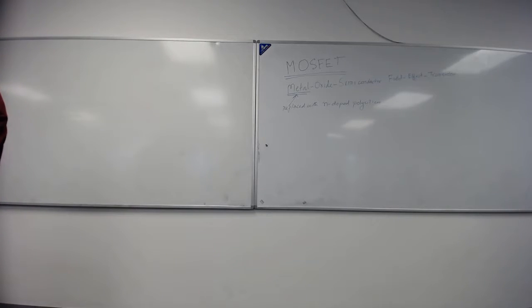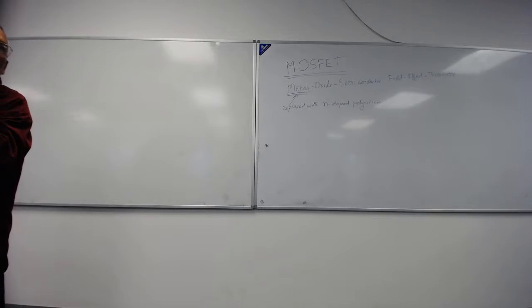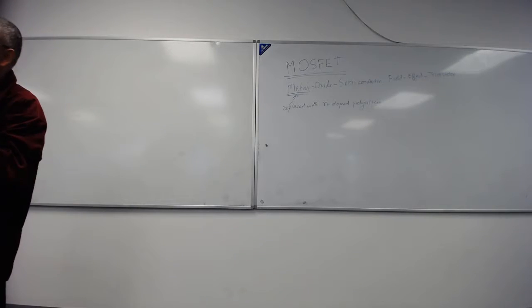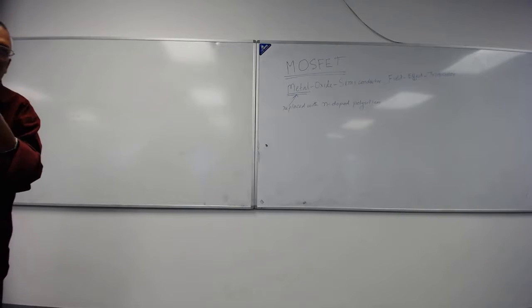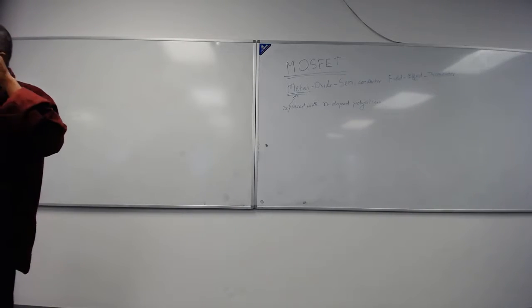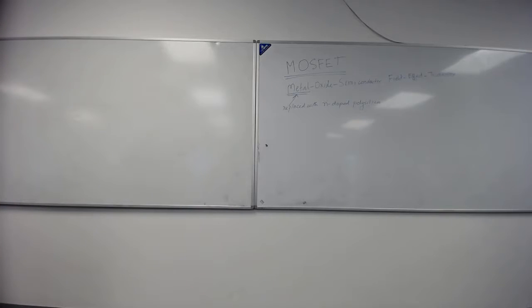So how do you think we reduce the barrier? Do we possibly use the magnetic field? Electric field, exactly. Field effect. So use an electric field in this case, to affect a reduction in the barrier so that carriers can flow. That's the basic difference between a BJT and a field effect transistor.